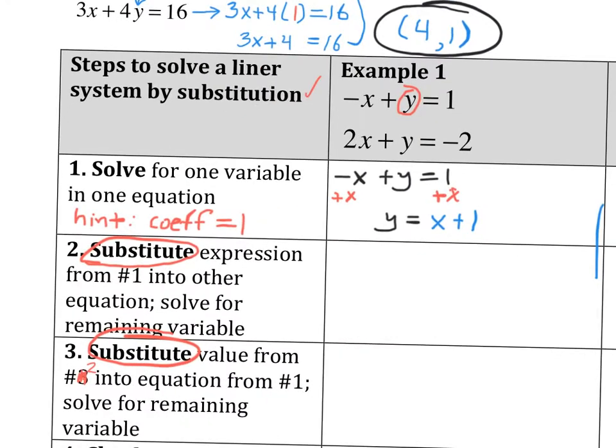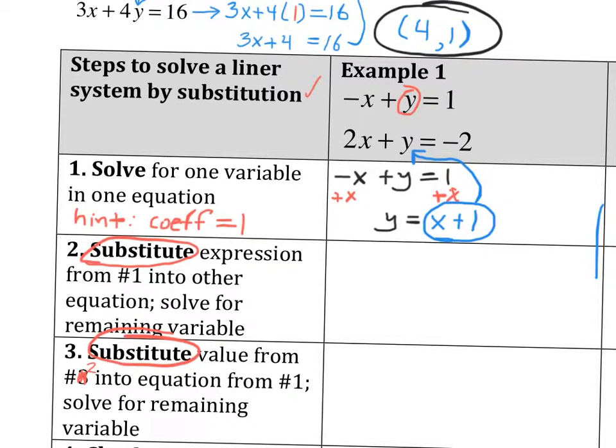Now what does step 2 say? Substitute the expression. That is what I just wrote down, that whole x plus 1. I'm going to substitute that into the other equation. So I'm going to erase the y and replace it with x plus 1.